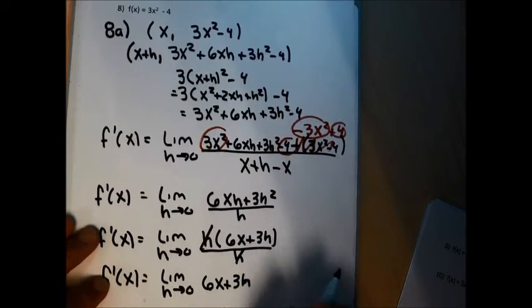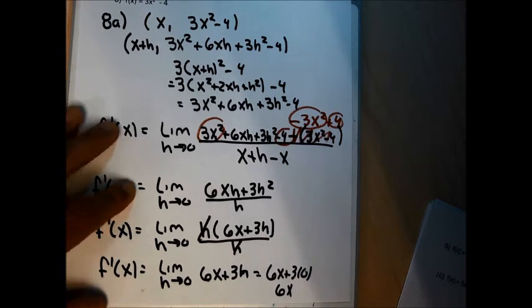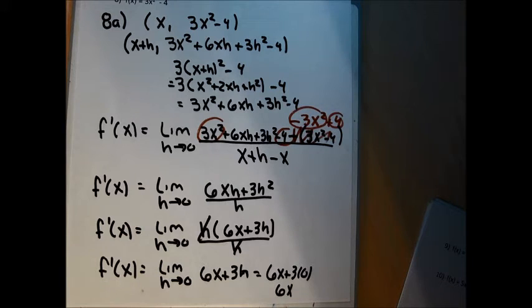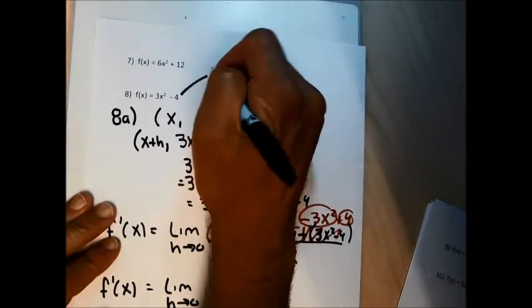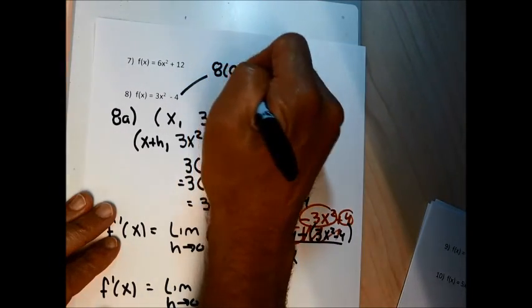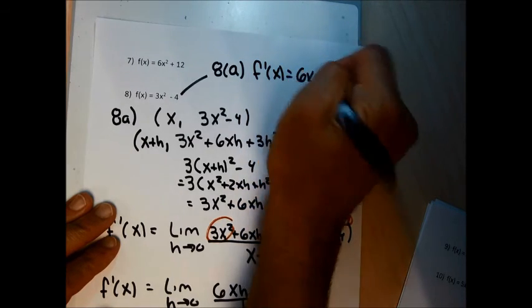Now I'm going to plug in a 0 for the h. I get 6x plus 3 times 0, and that's just 6x. So that's the formula for the instantaneous rate of change. That's the answer to part 8a. So 8a, f prime of x equals 6x.